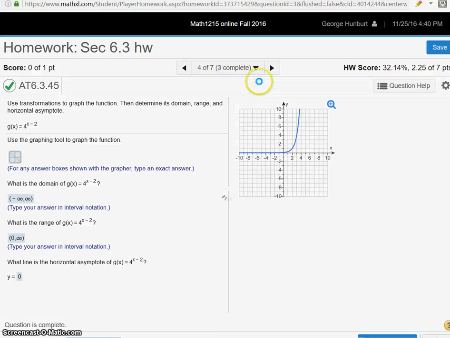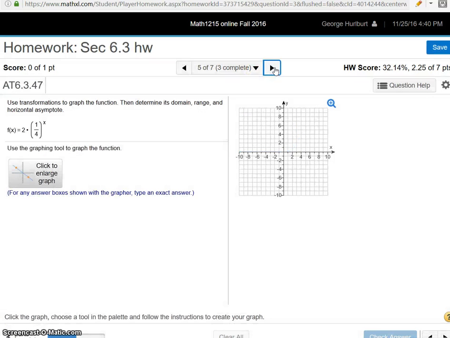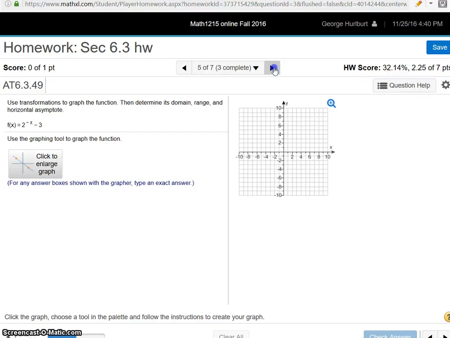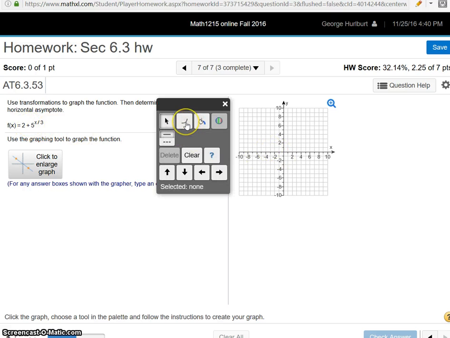Alright, now let's skip ahead to number 7 here and see what those look like. Alright, so number 7 is kind of putting everything together that we've already had. So again, we notice this is going to be an exponential function.